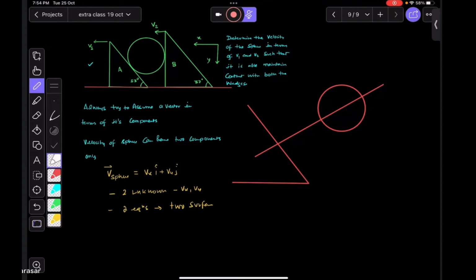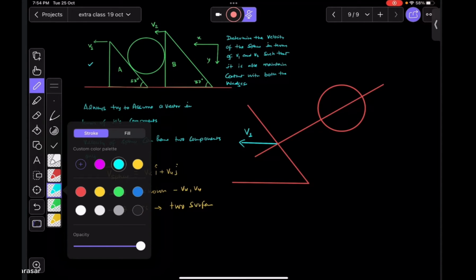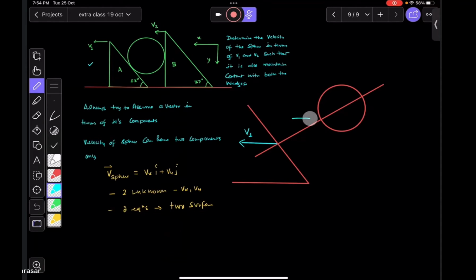So the point on the wedge which is in contact with the sphere will be moving with V1 in this manner. And the point on the sphere, the one that is in contact with the wedge, is going to be moving with the velocity of the sphere, that is Vx in the x direction we have assumed, and Vy in the y direction.